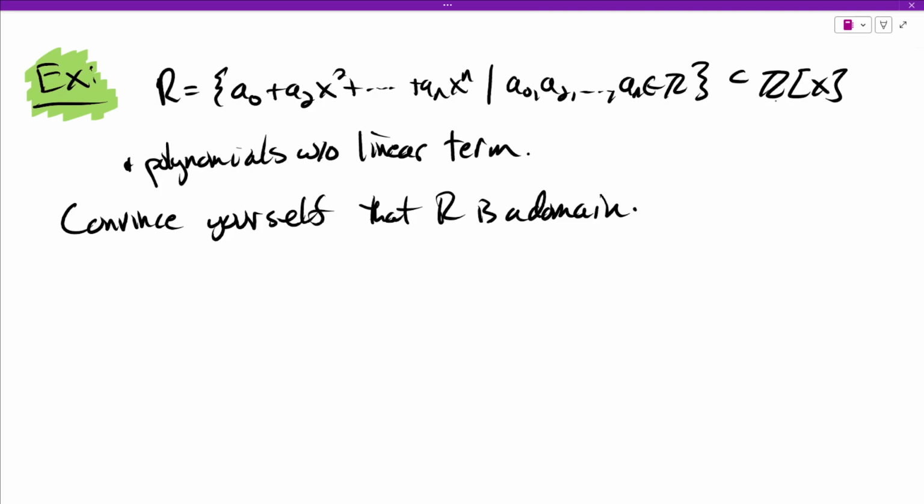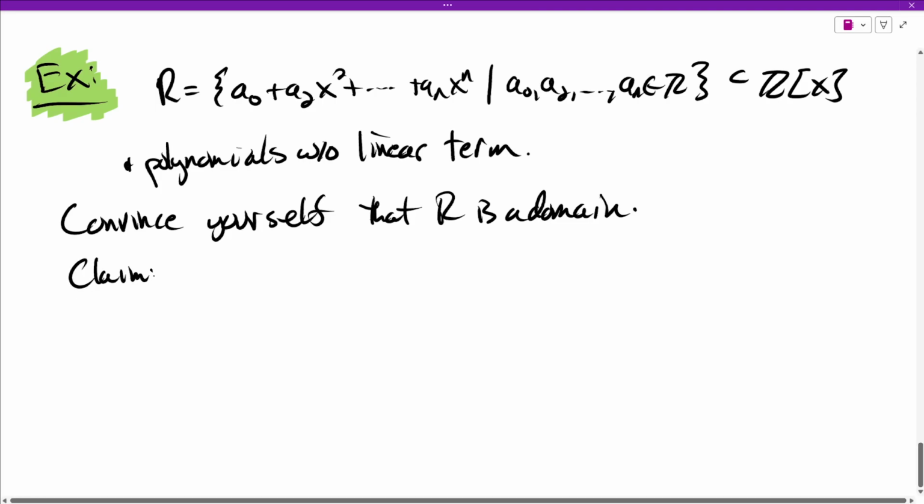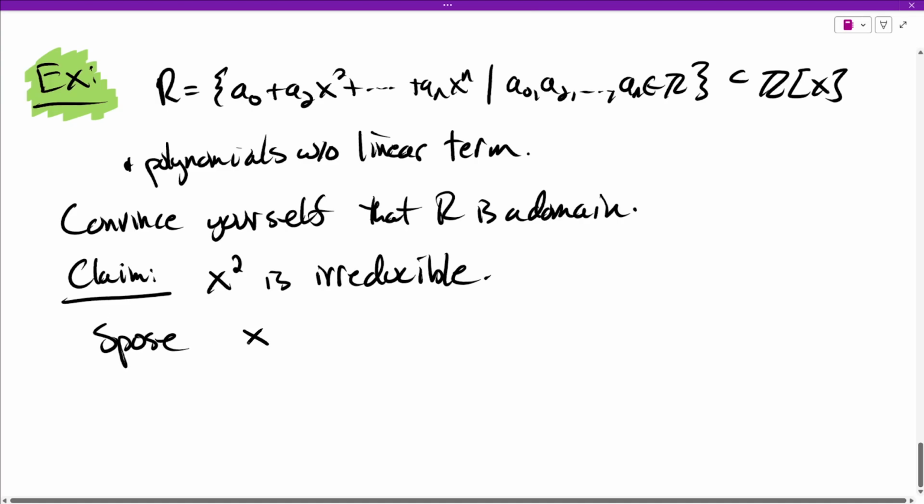So this guy is a domain, and I claim here that the element x squared is irreducible. In fact, suppose that you could write x squared as a product of polynomials.